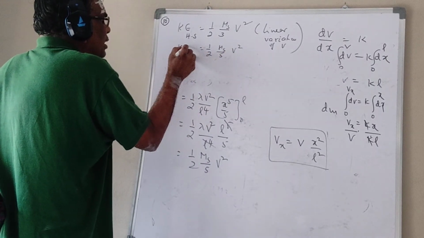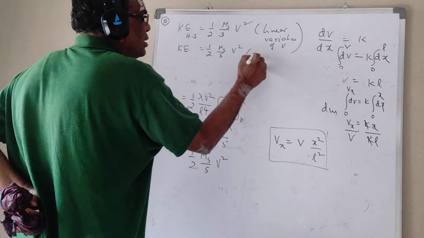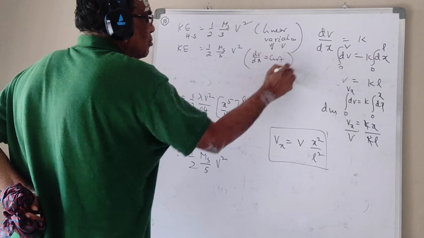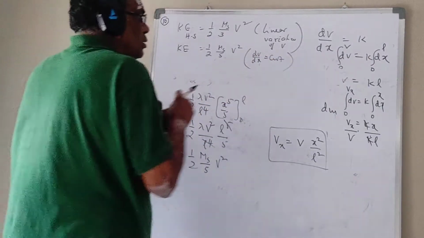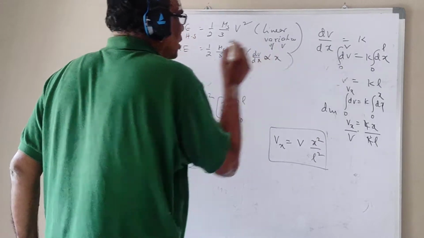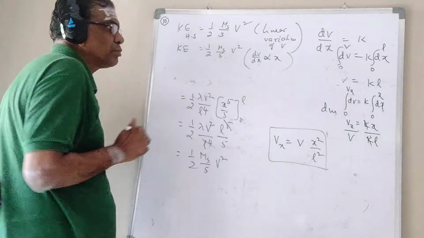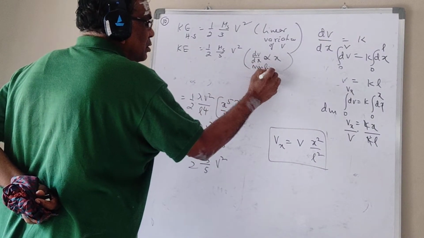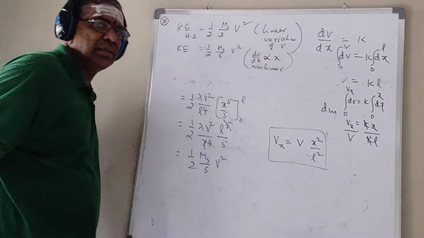In fact, this is dv by dx proportional to x. Likewise, there can be a non-linear variation.